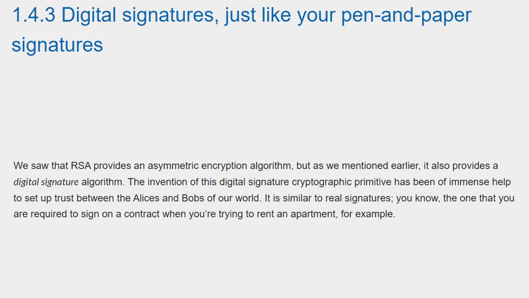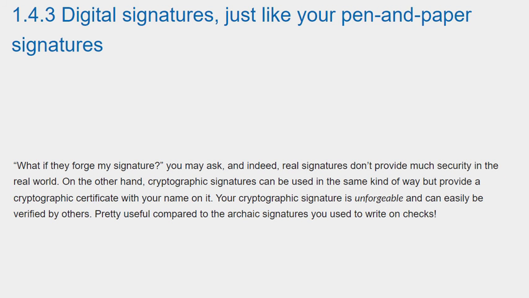It is similar to real signatures, the ones that you're required to sign on a contract when you're trying to rent an apartment, for example. What if they forge my signature, you might ask? And indeed, real signatures don't provide much security in the real world. On the other hand, cryptographic signatures can be used in the same kind of way but provide a cryptographic certificate with your name on it. Your cryptographic signature is unforgeable and can be easily verified by others. Pretty useful compared to the archaic signatures you used to write on checks.